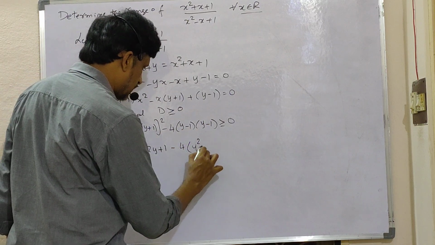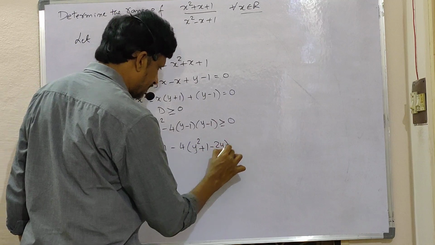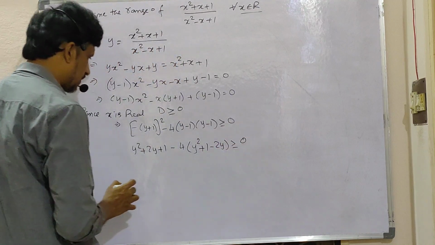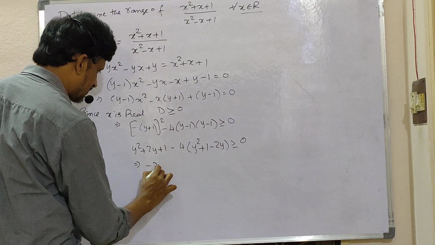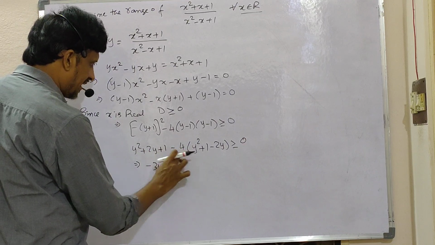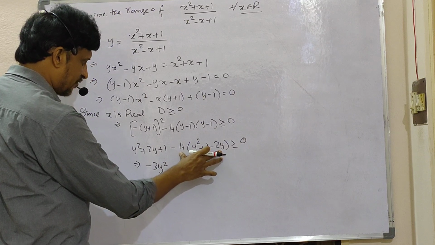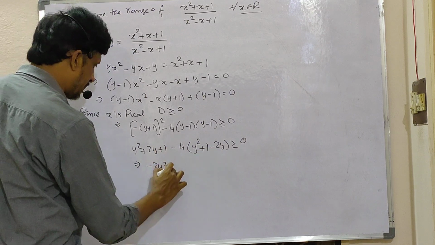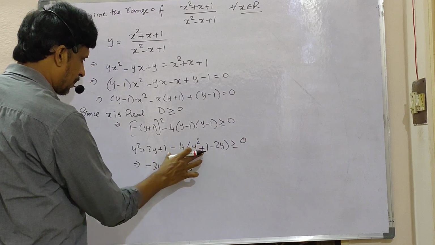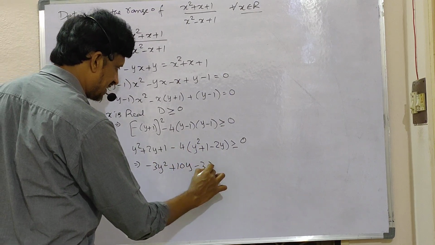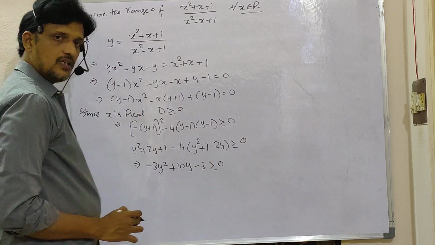So you are getting y square plus 1 minus 2y. This is greater than or equal to 0. Now y square minus 4y square will be minus 3y square. 2y plus 8y, 4 twos are 8y, plus 2y, that will be 10y. Minus 4 plus 1 will be minus 3, is greater than or equal to 0.